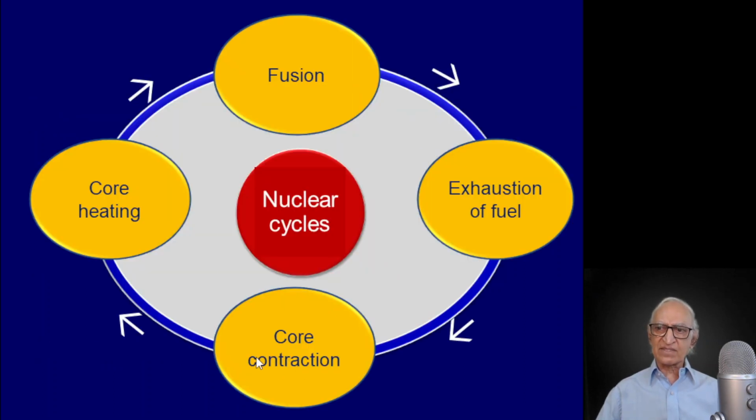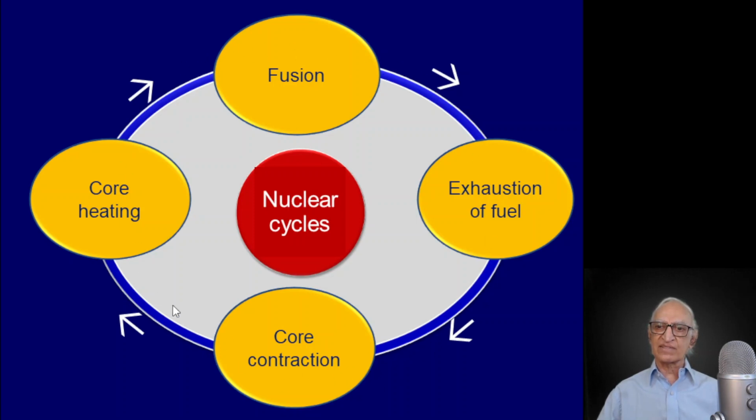So the fusion reaction proceeds in the following fashion. There is a certain reaction. It produces an inert core, and that inert core is contracted by gravity, and this contraction leads to heating, and this heating leads to further fusion reaction, and this nuclear cycle will go on.